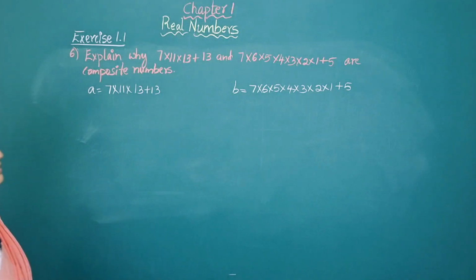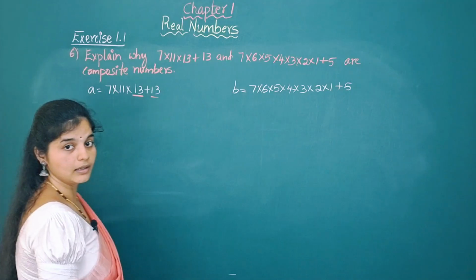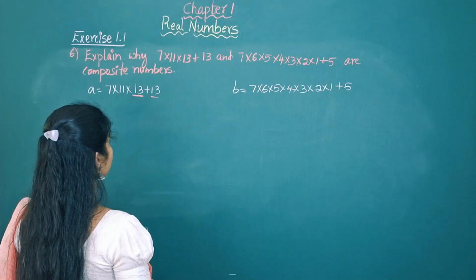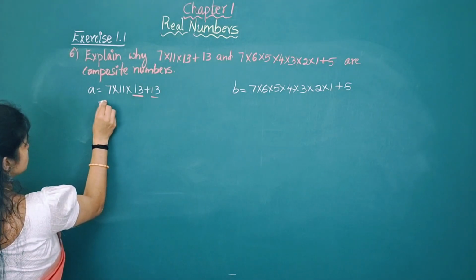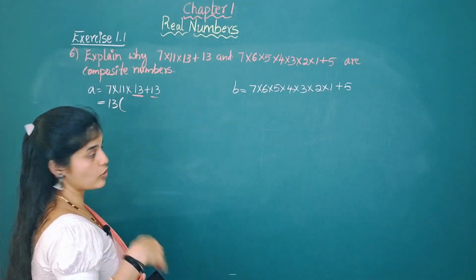So now let us consider number A. Here 13 is common, right? Okay, so I can take out 13 as a common number. So I'll write A is equal to 13, which we have removed as common.